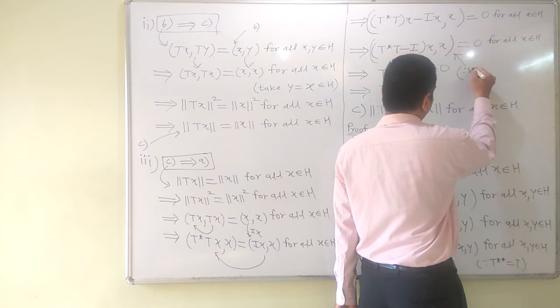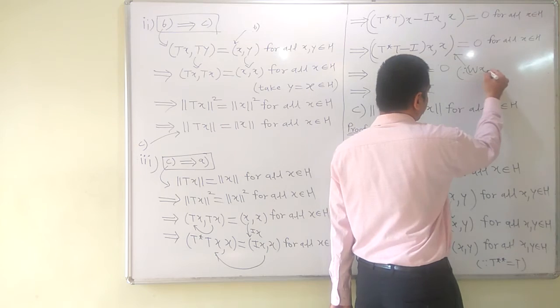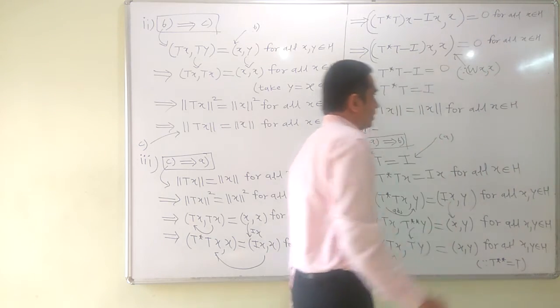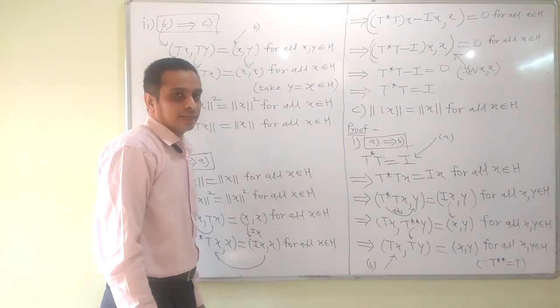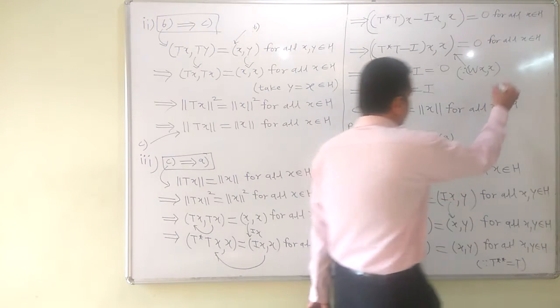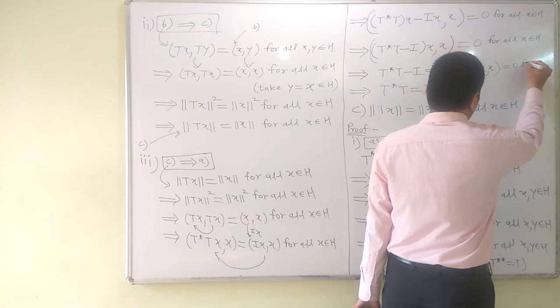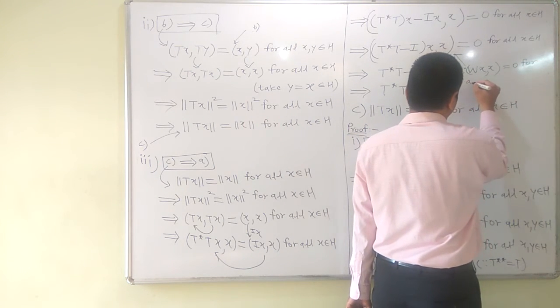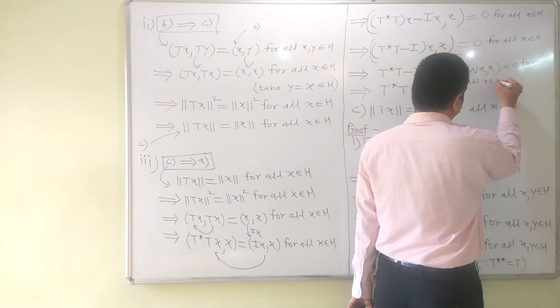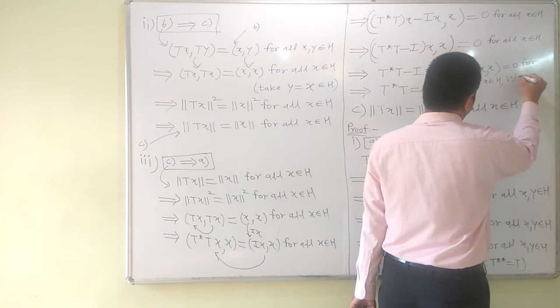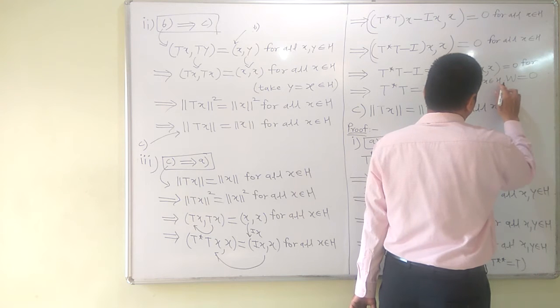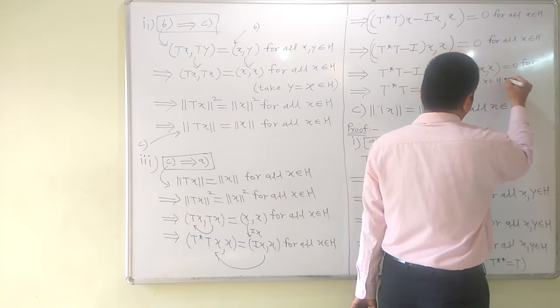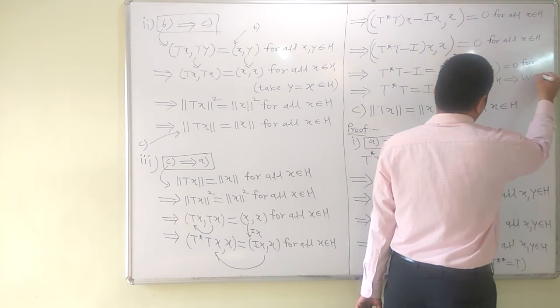Since we have proved this result and we have used it several times before also, if we have W(x, x) equal to 0 for all x belonging to H, then W must be the 0 operator. This implies that W is equal to 0.